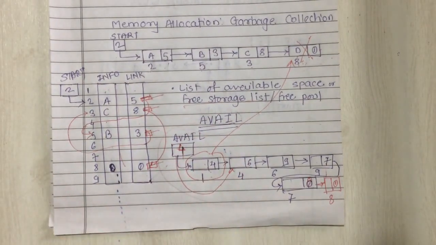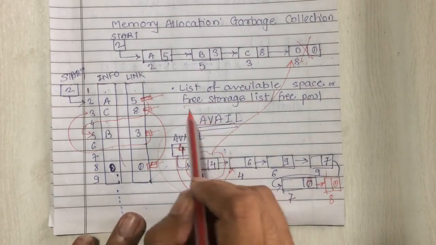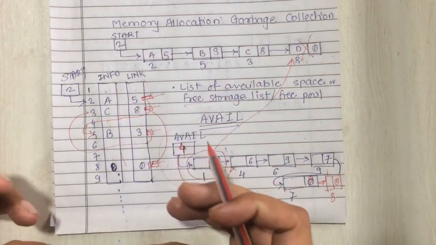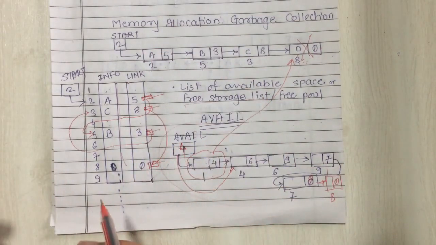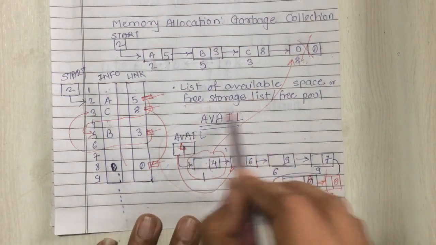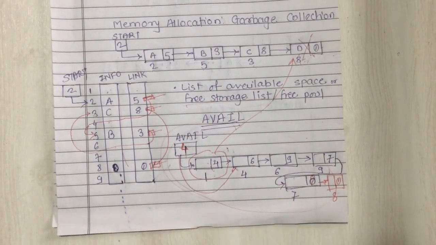And in the second step, it again runs through the same list, and it collects the unused, untagged memory cells onto the free storage list. This is a free storage list. So this is a simple garbage collection.